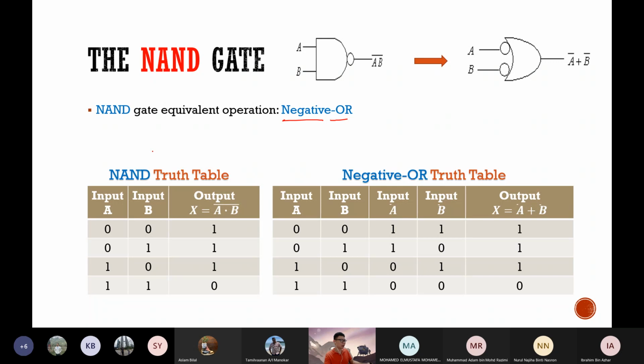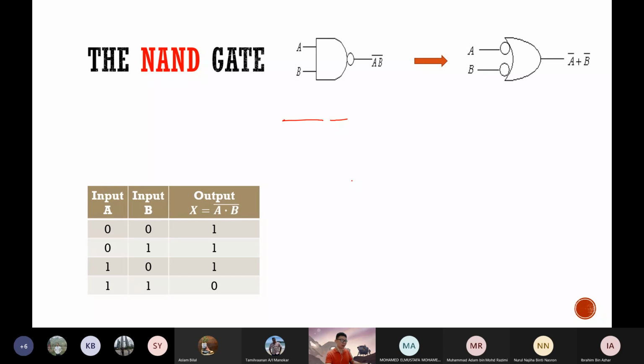So I've drawn the truth table for these two gates. On the left, I have the truth table for the NAND gate, which is what we saw just now. Nothing fancy over here. But on the right, I've also got the truth table of the negative OR gate. For the sake of letting you understand how I got this truth table, let's quickly do it.